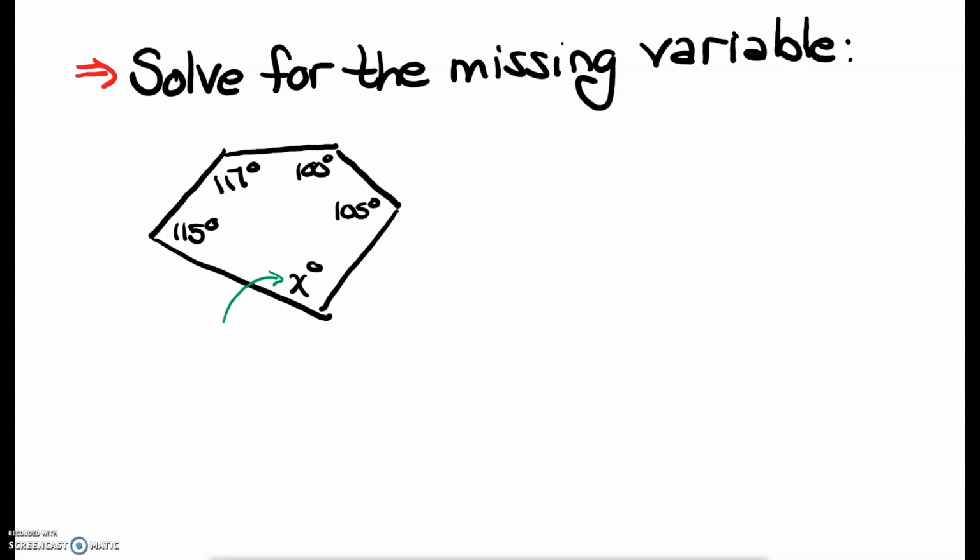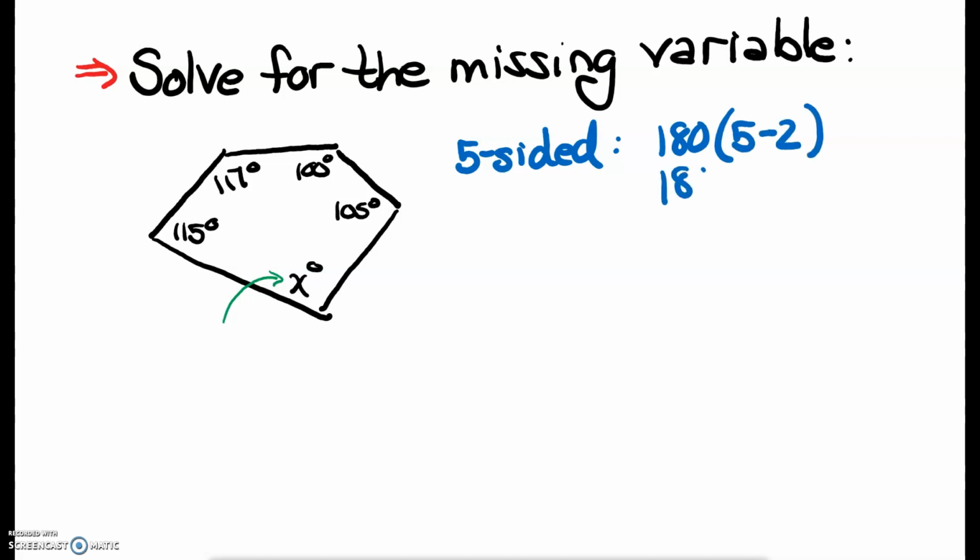So I have 180 times (5 minus 2), which is 3. 3 times 180 is 540 degrees.